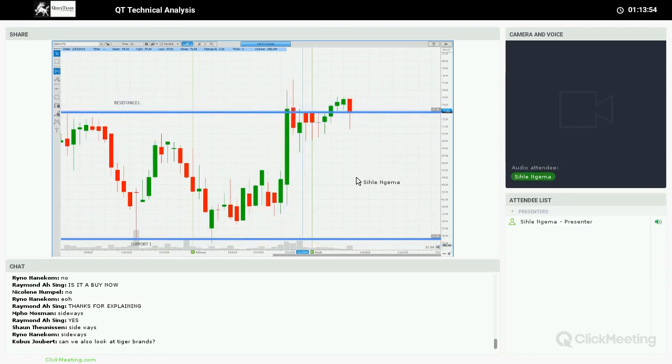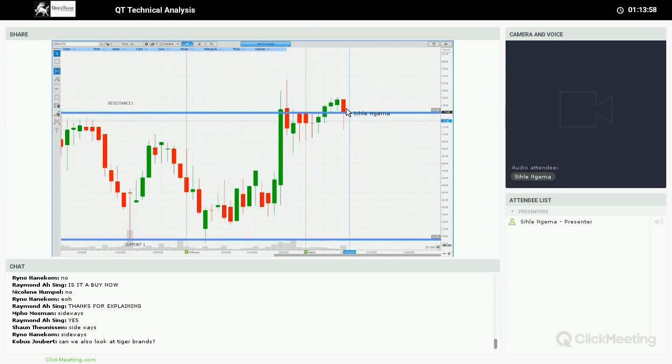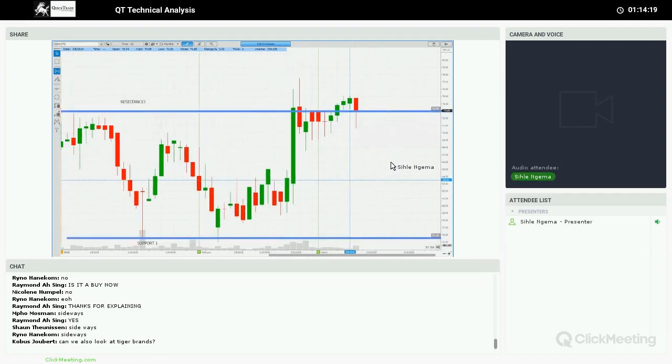At this particular stage, March is still trading at resistance 1. But as you can see from the current candle or Friday's candle, we are having a rejection lower. That means sellers push the price down below resistance 1, but buyers came in to push the price even above that very same resistance. So at this particular stage, you are having a sideways trend for the share EOH.